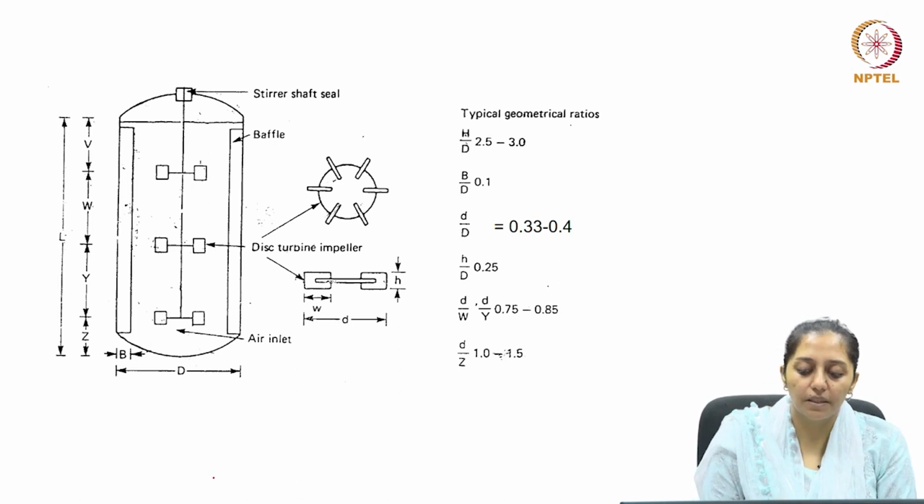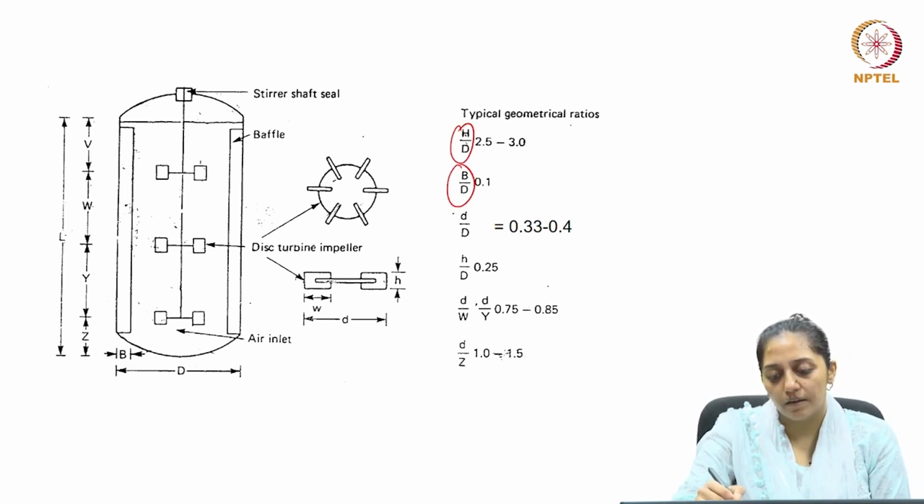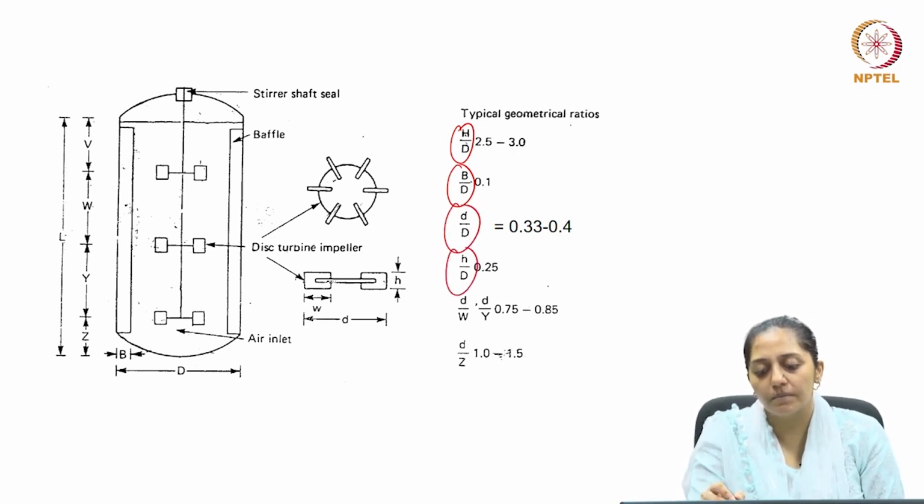So, as I said earlier, the linear length ratios follow thumb rules. So, here these are some thumb rules given for reference, you can make note of it.